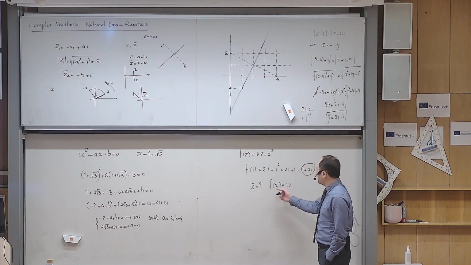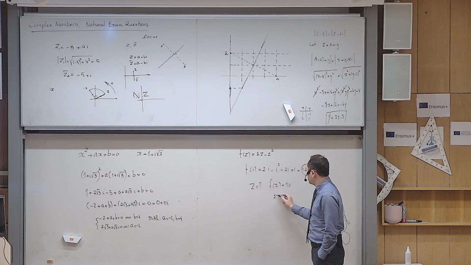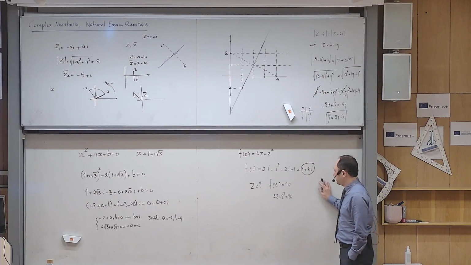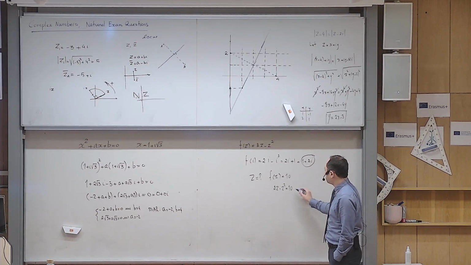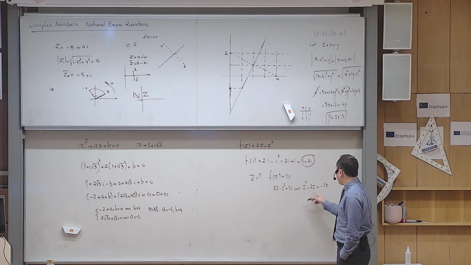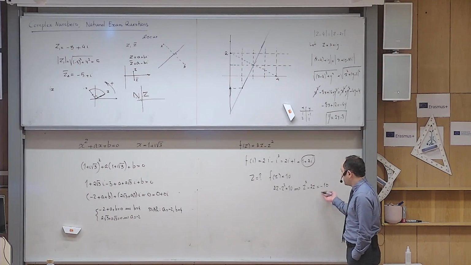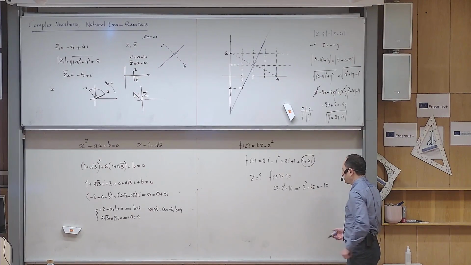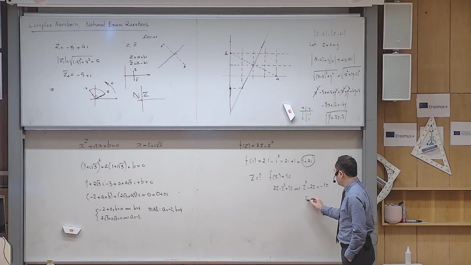The second part is asking you for which value of z, f of z is 10. So this means f of z is this expression. Then I have to solve this using the PQ or ABC formula. Or you can, for example, multiply by a minus sign and then add 1 unit to both sides, or move this to the left and solve it using the PQ formula. But because this is a very famous combination, I prefer to add 1 unit.